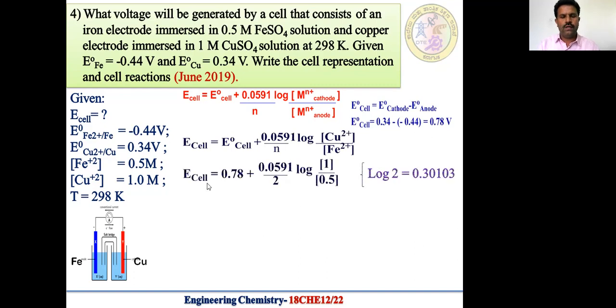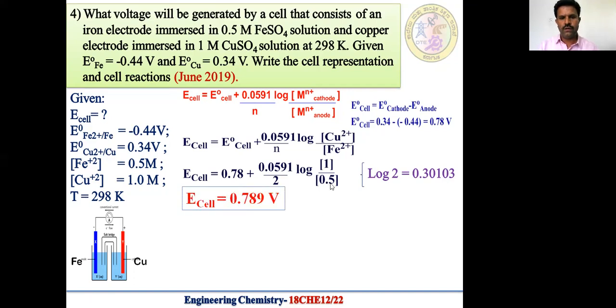So the EMF of the cell is equal to E naught cell, 0.78 volt, plus 0.0591 divided by n equal to 2, because 2 moles of electrons are exchanged during the reaction, log of the concentration of the solution at cathode, that is copper sulfate, 1 molar, divided by the concentration of electrolyte solution at anode, that is ferrous sulfate, 0.5 molar.